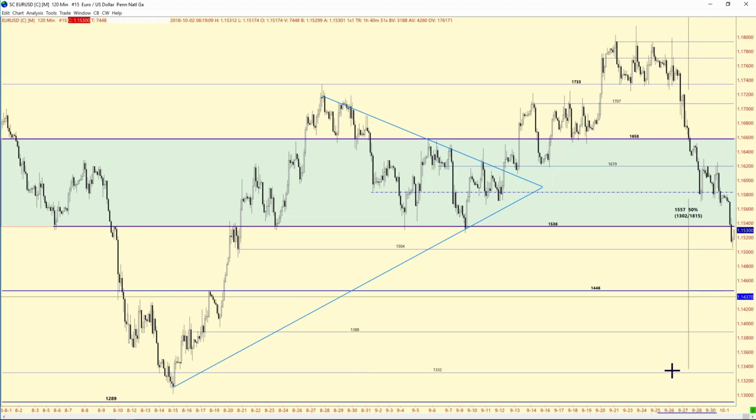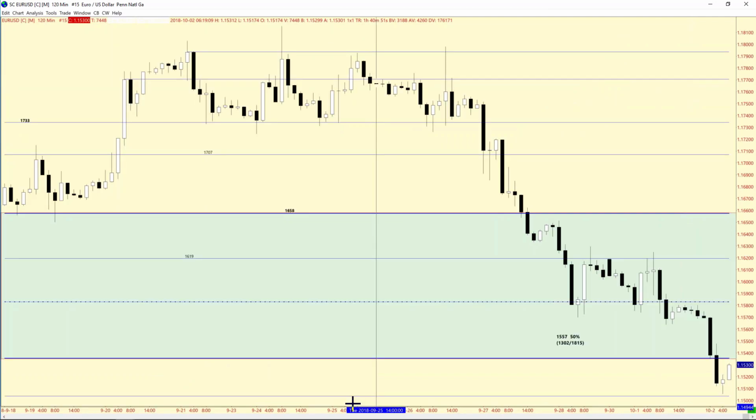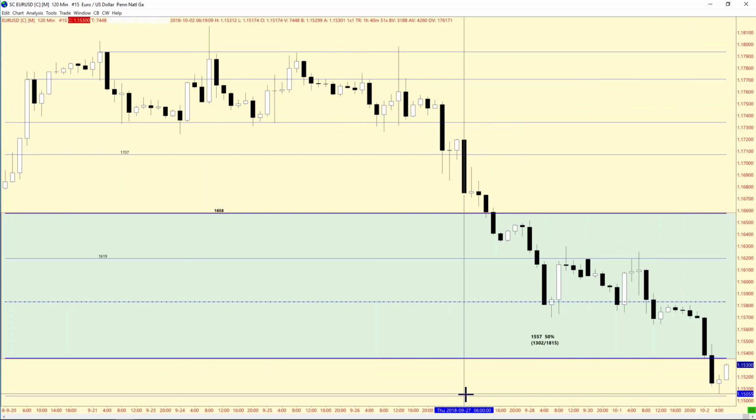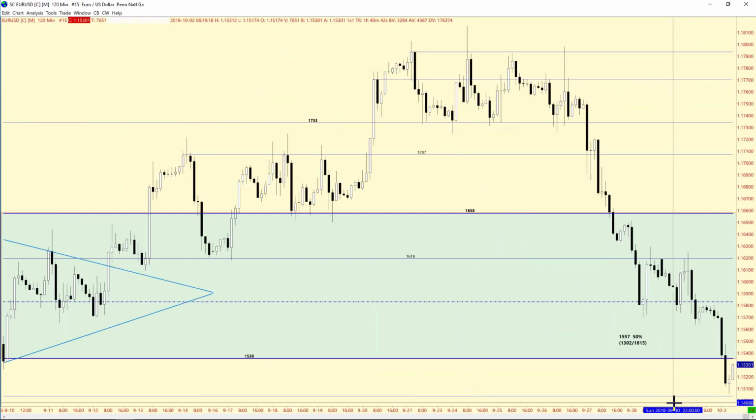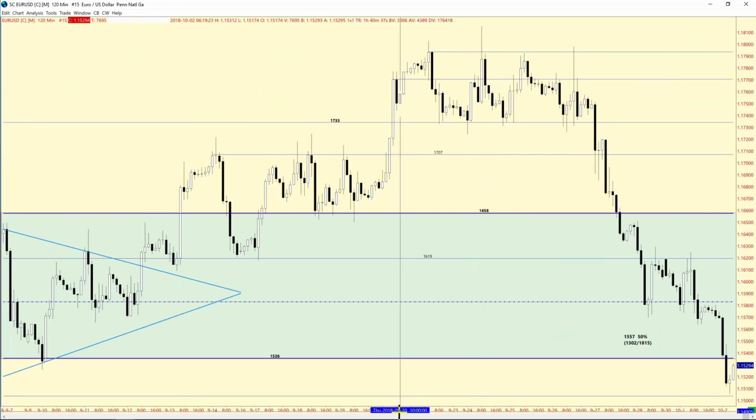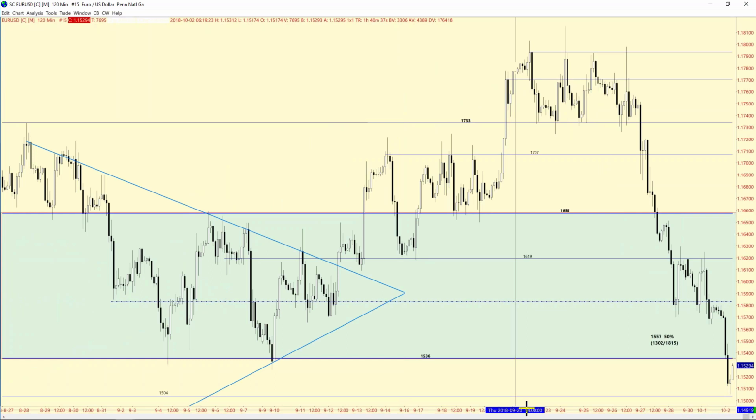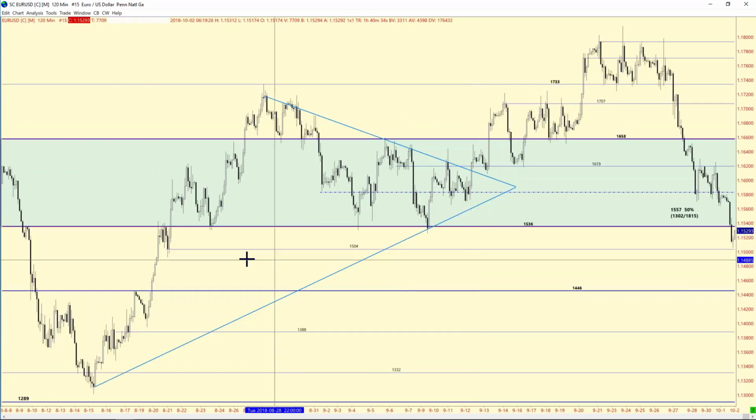Pull that back. Right there, 1505. So this is just one pip off from hitting that level. So you know where the risk is right here. It says 1504. They need to defend. So that's going to be our support for today, 1504.